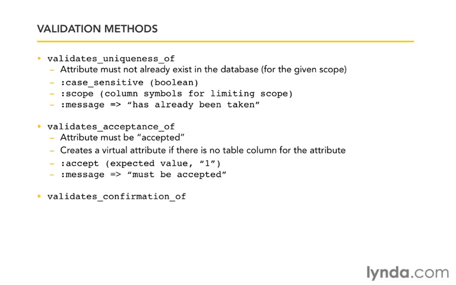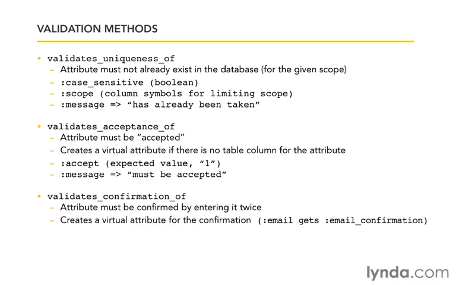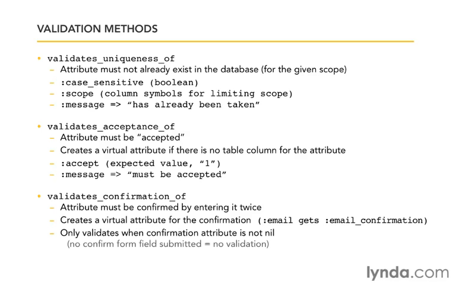The next one has a very similar sounding name, but it does something very different. So validates acceptance of and validates confirmation of. Don't get those confused. The idea behind validates confirmation of is making sure that the user typed the data correctly by asking them to enter it a second time. So you've probably seen this before where it says enter your password and enter your password a second time, or enter your email address and enter your email address a second time, right?